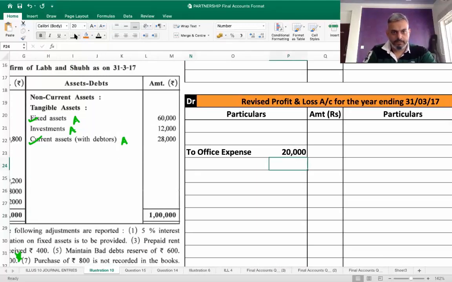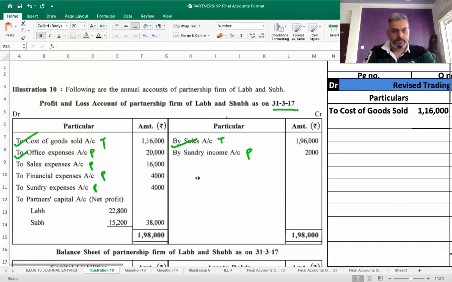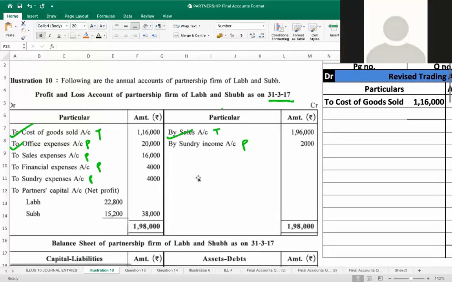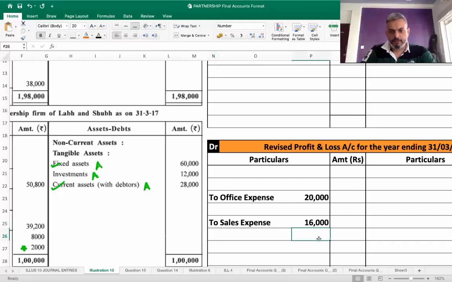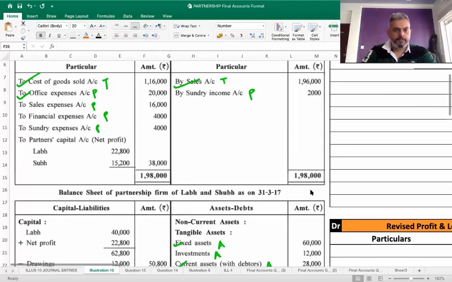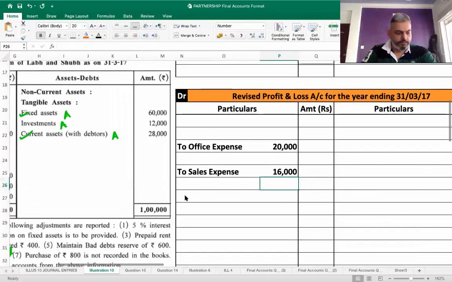Inner column. To 16,000. To sales expense 16,000. Then financial expense 4,000.